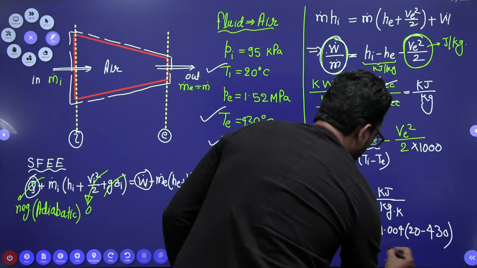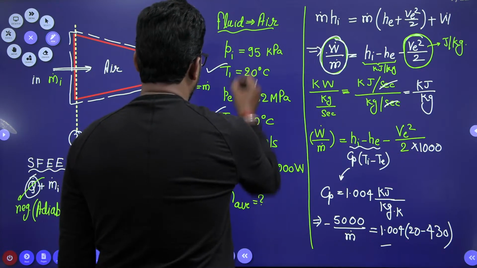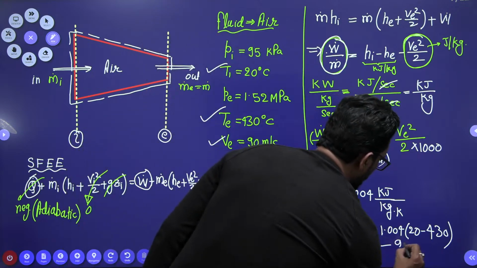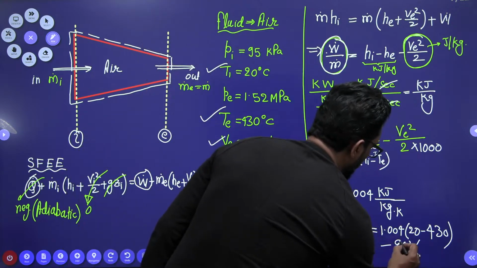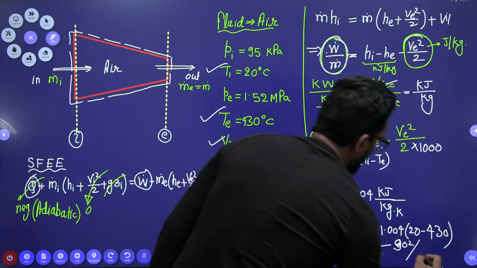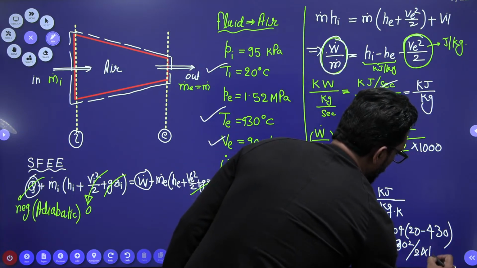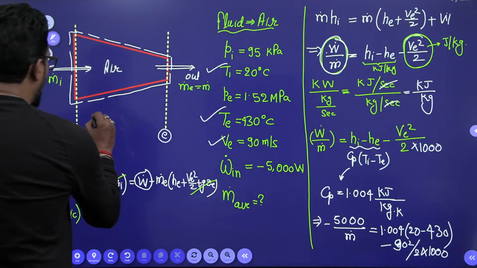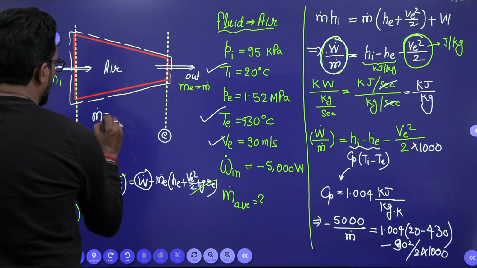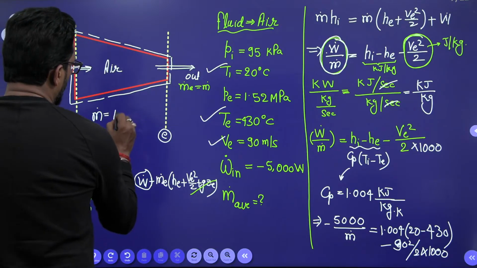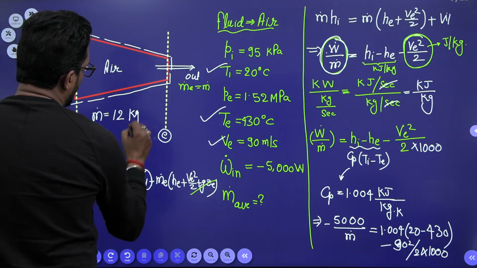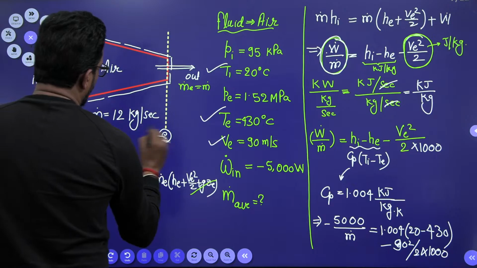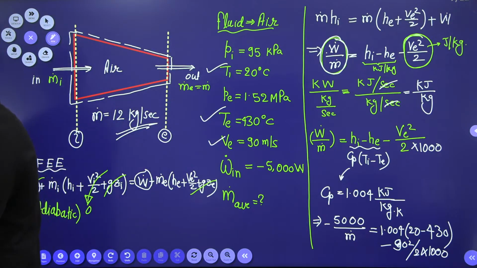Minus, again you have to put minus, what is the velocity? Exit velocity 90. So 90 square divided by 2 into 1000. Now you solve it and you get the mass flow rate. If you solve this, the mass flow rate is 12 kg per second. This is the mass flow rate of air.